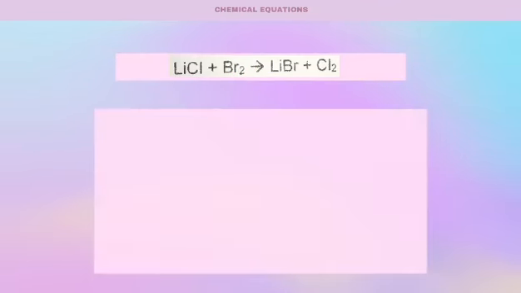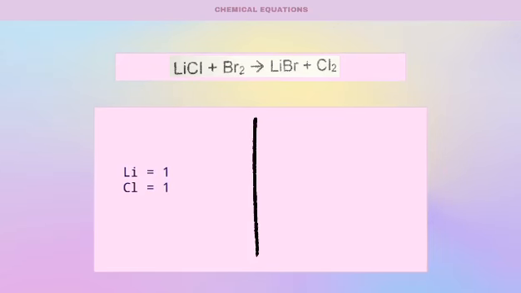For the equation LiCl plus Br2 equals LiBr plus Cl2, there are 1 lithium and 1 chlorine atom being added to 2 bromine atoms. Therefore, Li equals 1, Cl equals 1, Br equals 2. There is 1 lithium atom and also 1 bromine atom and 2 chlorine atoms, so I would write Li equals 1, Cl equals 2, Br equals 1 under the right side.